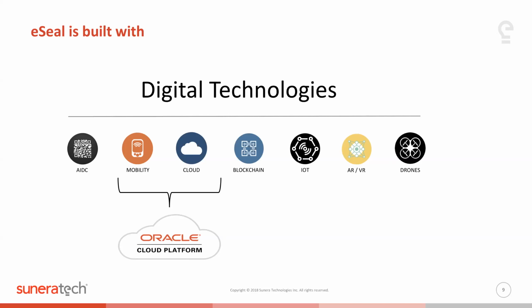The good part about eSeal is that it's all combined into one solution. We have the client apps, the server side, cloud computing, the blockchain architecture, and we provide IoT solutions where applicable. And it's very easy to implement as well, as I will explain in the next slide. Great.